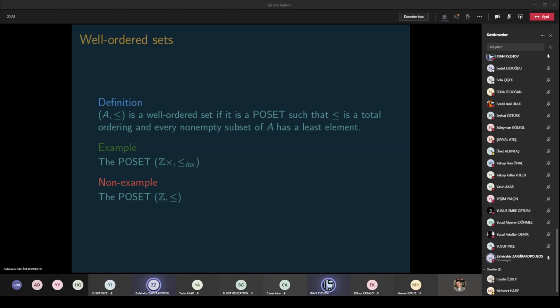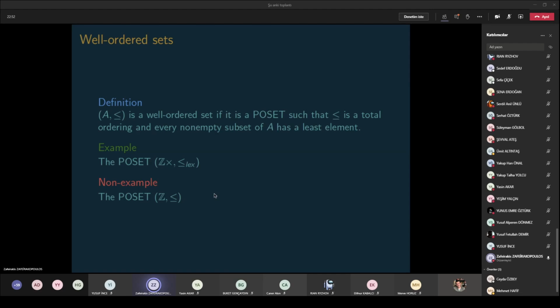But now this is a new poset. This is just the integers. So the question here is, can I take a subset of the integers that does not have a smallest element? Take any infinite set that goes towards minus infinity, let's say all the negative numbers.